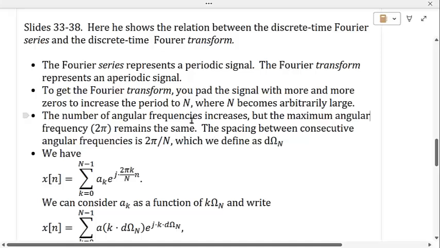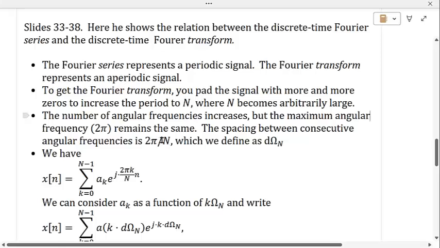So in this case, if we have N points and our maximum frequency is 2 pi, the spacing between the frequencies is 2 pi over N. And I'm going to define this number 2 pi over N as d omega N. Okay, and that should be suggestive notation. Right? As N goes to infinity, this is getting smaller and smaller.